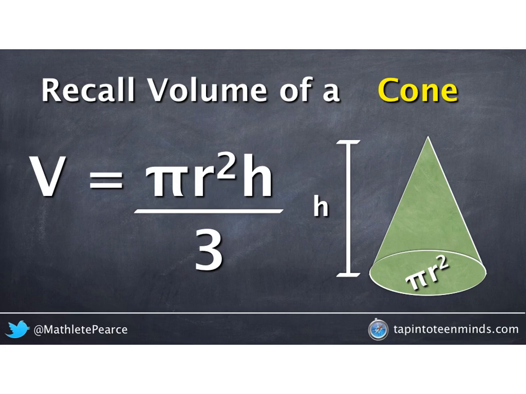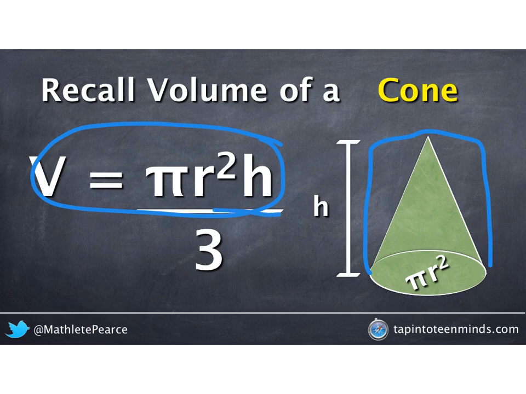So recall the volume of the cone is that same volume formula we had for the cylinder, only we're going to divide it by 3, because there's 3 of the cones that fit inside of the cylinder that has the same height and the same distance across. Your diameter would be the same.